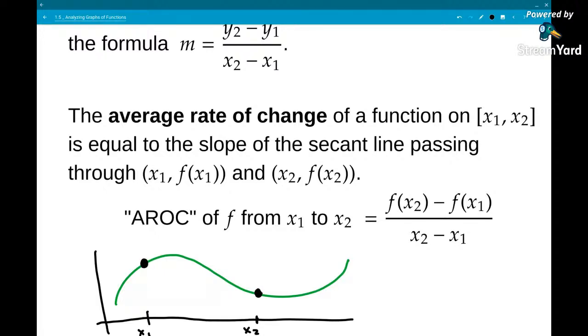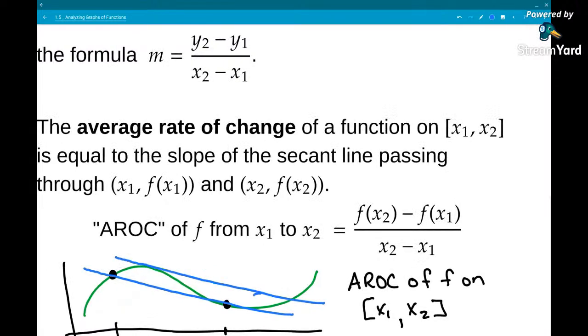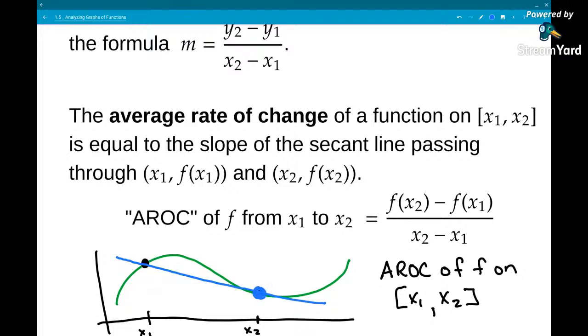And if I say, what's the average rate of change, which I abbreviate as AROC, of f on x1 to x2, then all you're going to do is follow this formula, but this formula just says you're calculating the slope of this line that passes through those 2 points. All right.